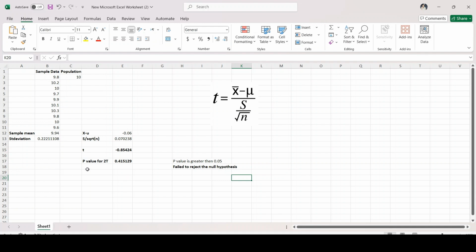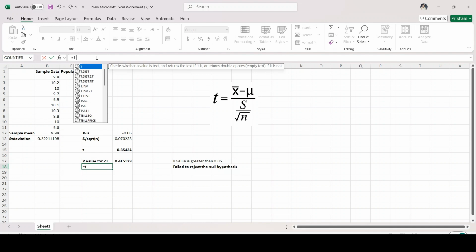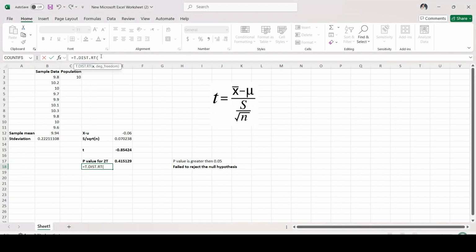So I will also tell you, in this example this is for two tail, right? If you are looking for the p value for one tail, how can you do this one, right? Same. So this one, right? Same, we will use absolute values, and then the t value, degree of freedom 9, right?